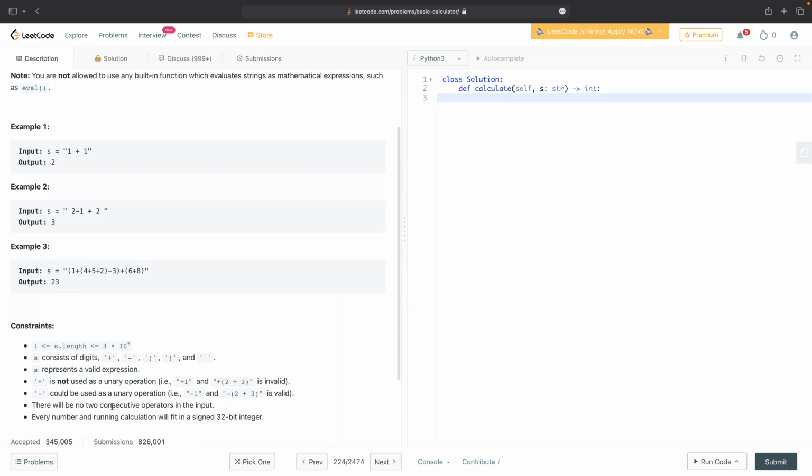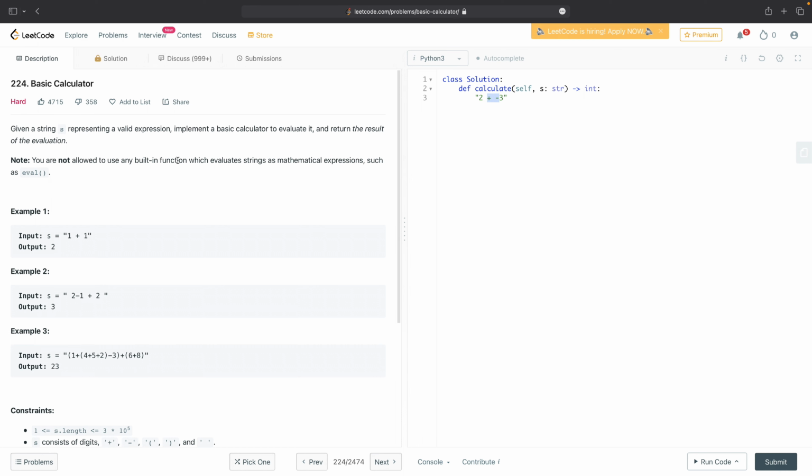There will be no two consecutive operators in the input. So I think that means you can't have 2 plus negative 3 because that would be two consecutive operators. Unclear what that rule means.